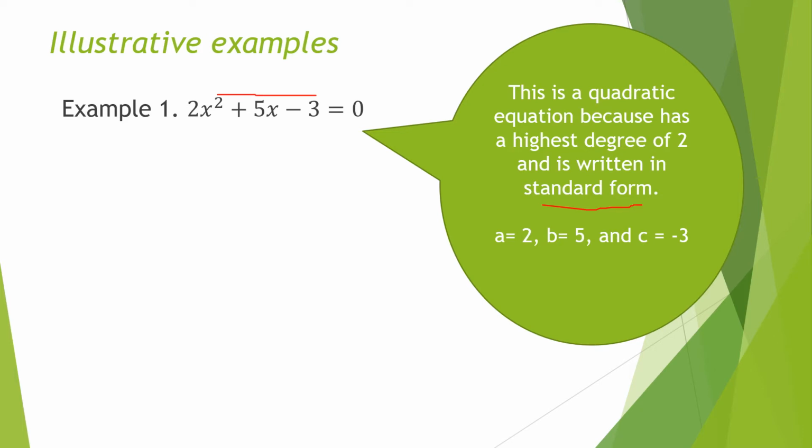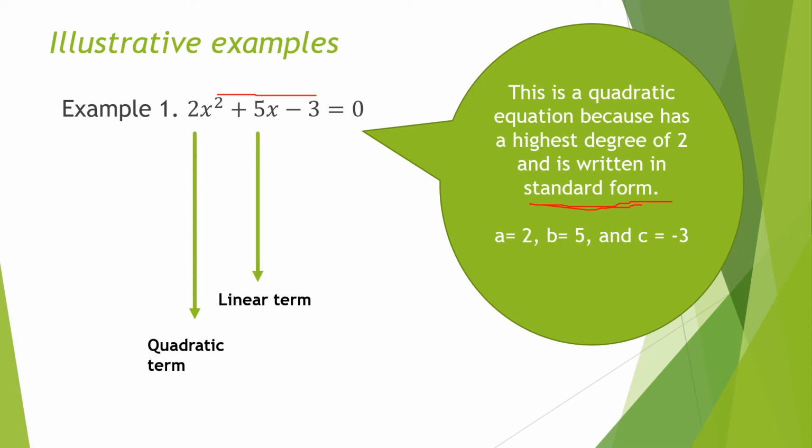That is why we call it the standard form. So a is equal to 2, b is equal to 5, c is equal to negative 3. The quadratic term here is 2x squared. Then we have the linear term, the 5x, and the constant term is negative 3.